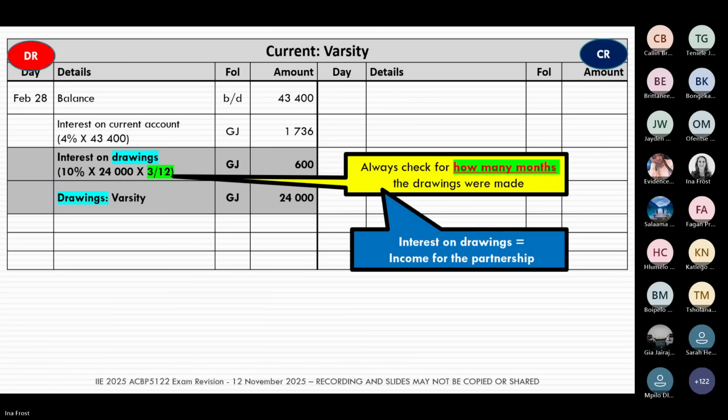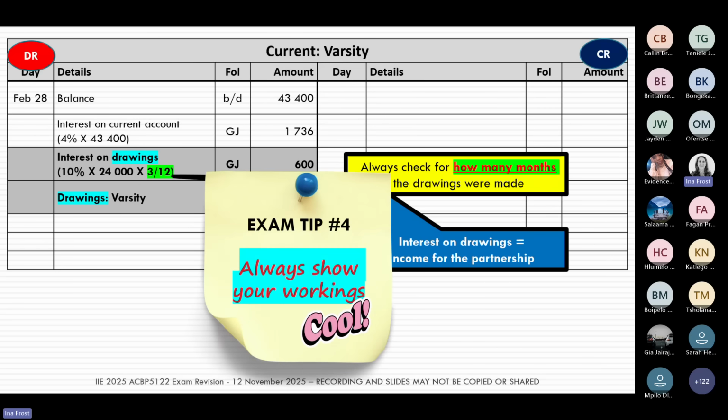And interest on drawings is income to the partnership because the partners have to pay this interest to the partnership. And then, of course, you're not going to forget to show us these interest calculations as part of your current account.